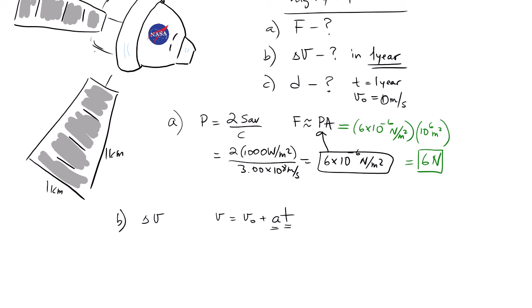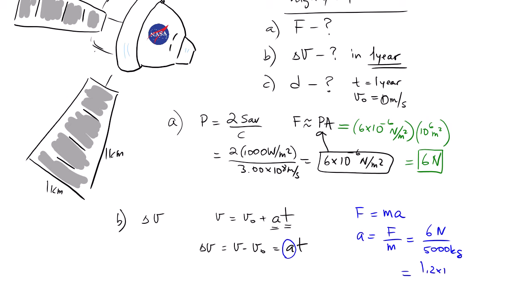Now we need to find the acceleration, and delta V would equal V minus V initial, which equals at. For the acceleration, we're going to use Newton's second law, where F equals ma, and acceleration equals the force divided by the mass. We have 6 newtons divided by 5,000 kilograms that was given to us, and that will result in 1.2 times 10 to the negative 3 meters per second squared.